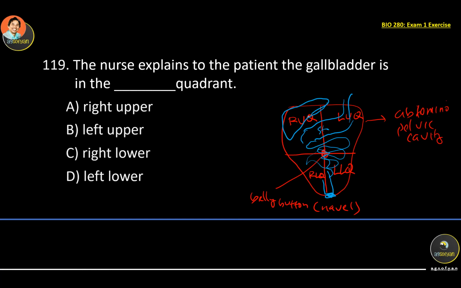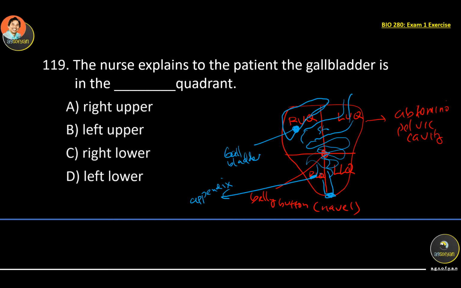There is a small organ called the gallbladder, located in this liver. Also, between the small intestine and large intestine, there is a small organ called the appendix. Now, based on this information, you can locate where the gallbladder is.